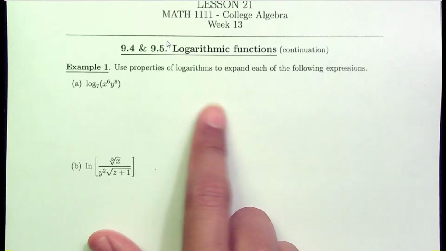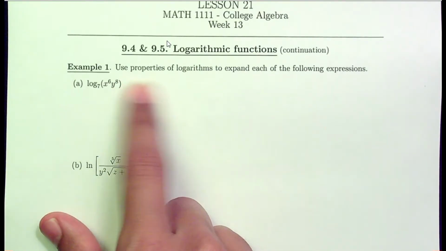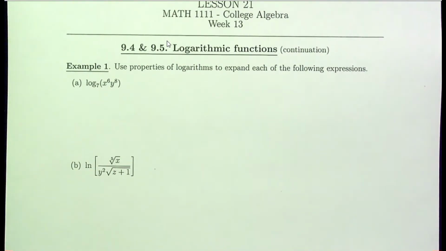Okay, so the very first one says use the properties of logarithms to expand each of the following expressions. The very first one says logarithm base 7 of x to the 6th y to the 8th.